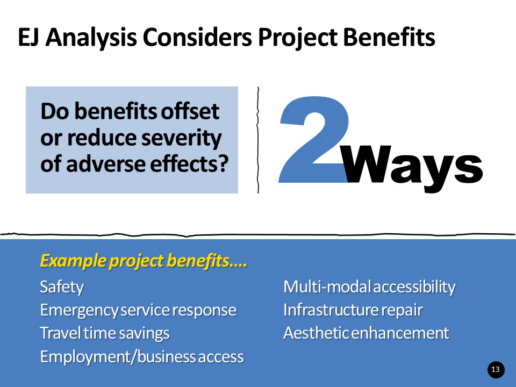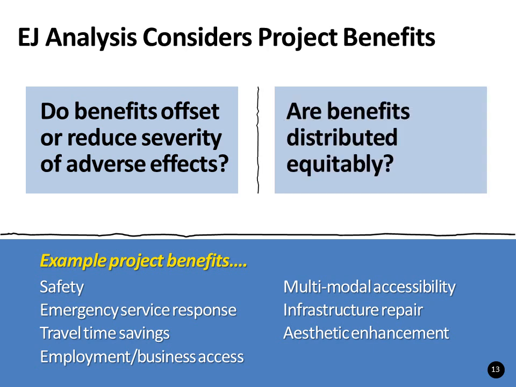For example, addressing a chronic crash location might justify relocating a neighborhood market to make room for intersection modifications and safer conditions. Second, we consider the project benefits that would accrue to environmental justice groups and the general population in the study area to determine whether benefits would be equitably distributed.